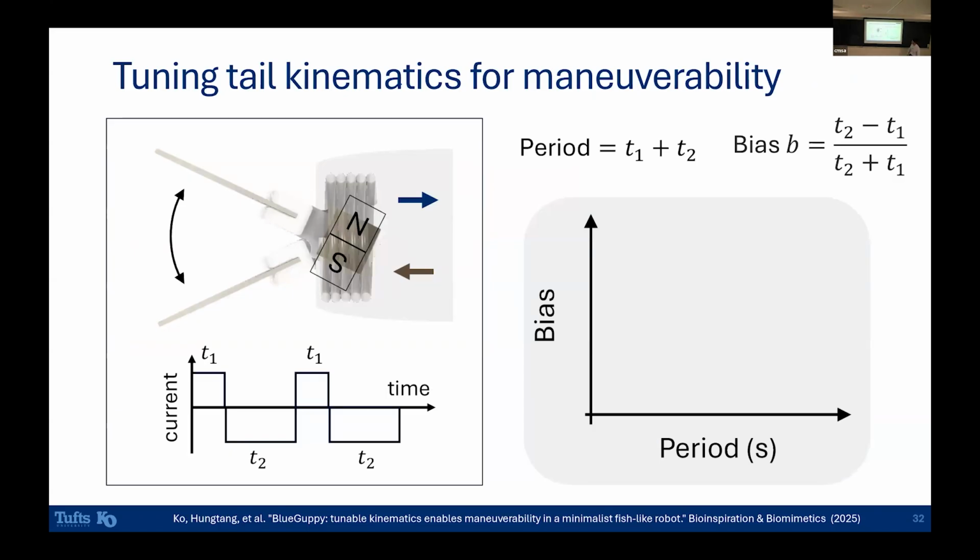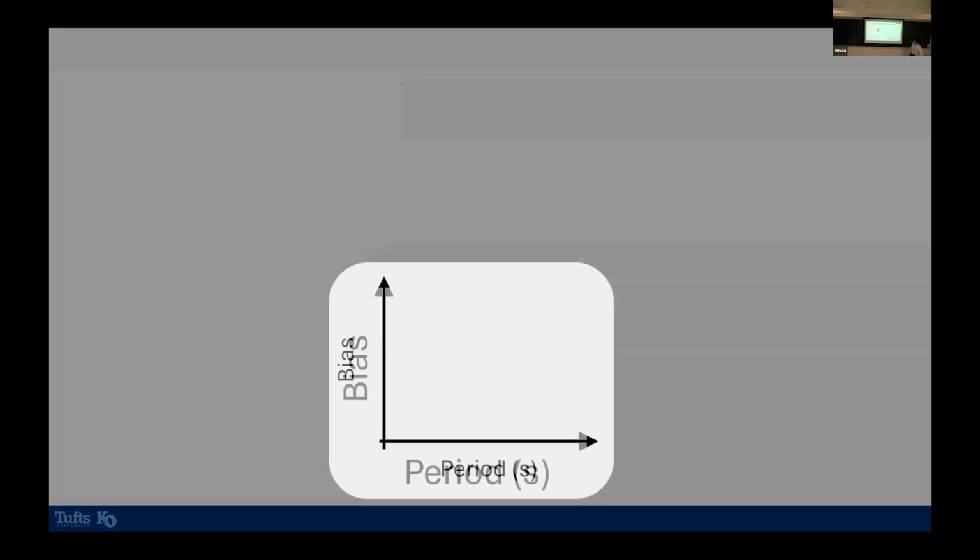The other thing that we tried was to look at the turning of the fish. Because we are changing the current in order to change the flapping, we can change the temporal bias. So we can say that we want our fish tail to be on the right for T1 and then on the left for T2, and T1 and T2 don't have to equal each other. If you do that, you introduce a temporal bias, the ratio between the time on the right and on the left.